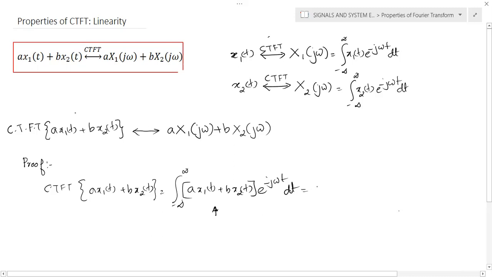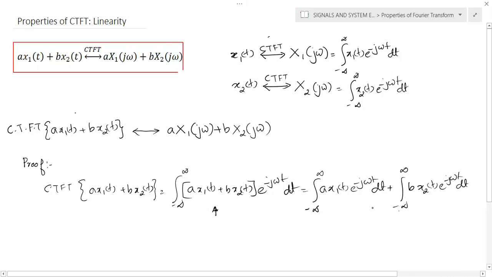Now if you split this expression, split the integration, it becomes integral minus infinity to infinity a x1 of t into e raised to minus j omega t dt plus integral minus infinity to infinity b x2 of t into e raised to minus j omega t dt.